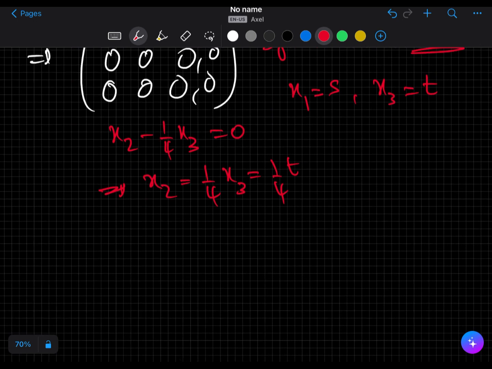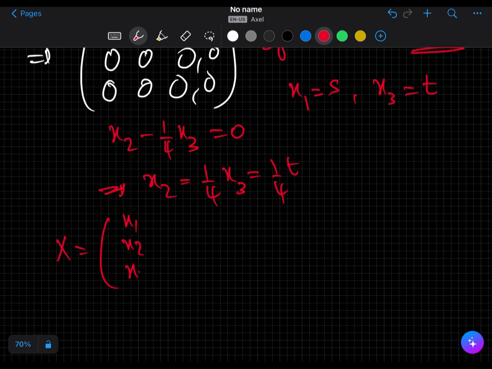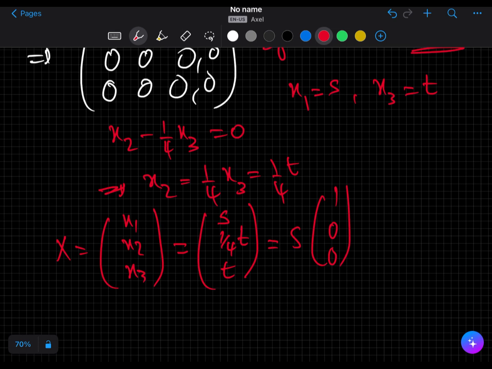So if we write our x as x1, x2, x3, we have x1 is s, x2 is 1 over 4 t and x3 is t. So we have s(1, 0, 0) plus t(0, 1/4, 1).